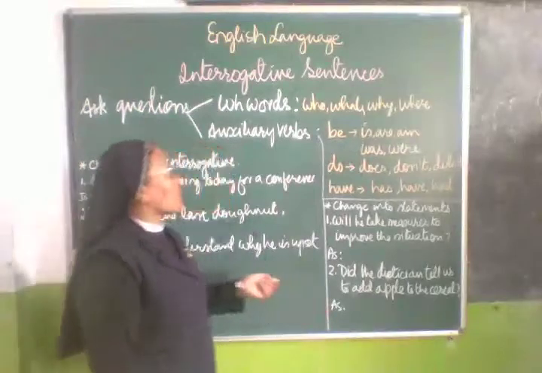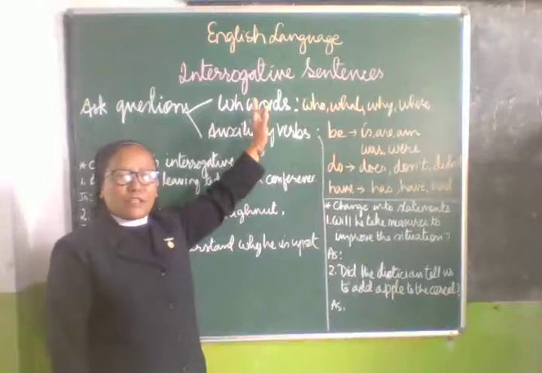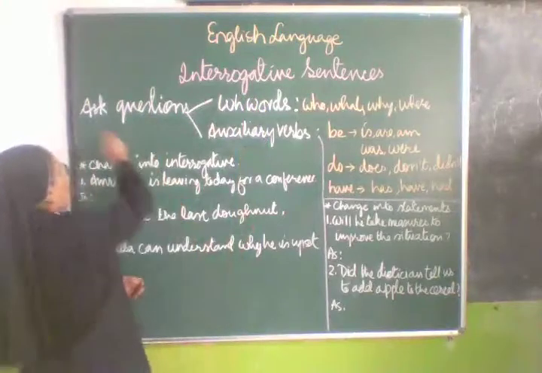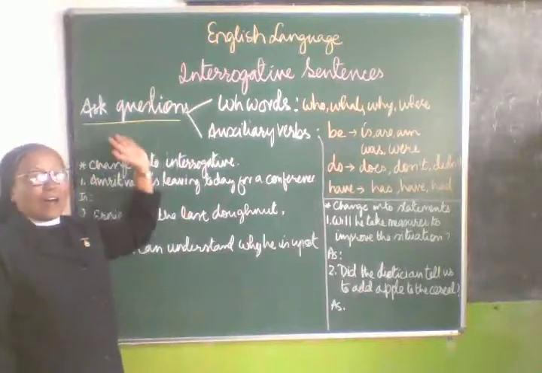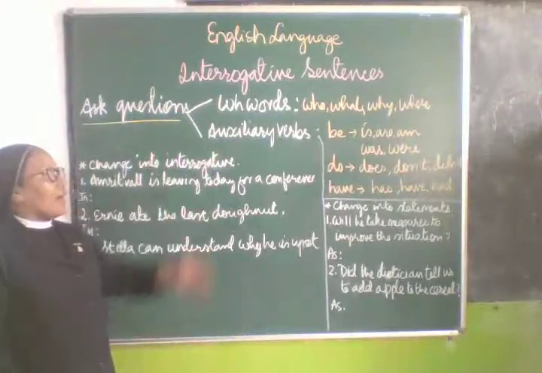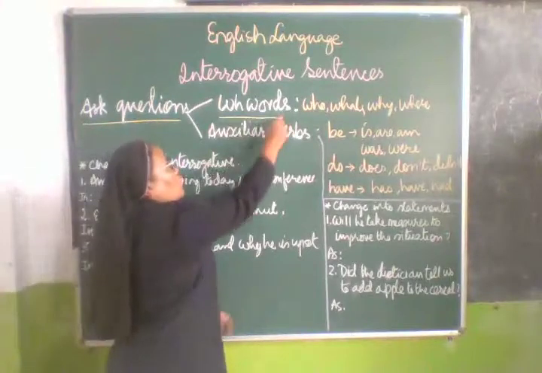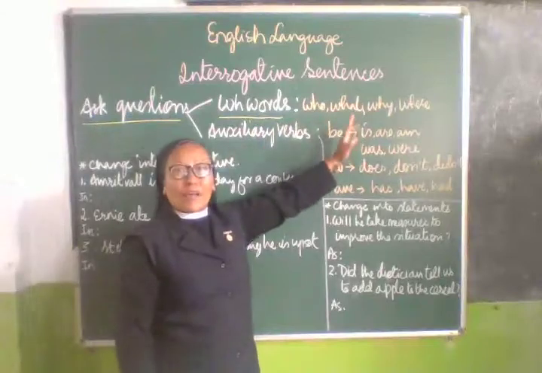See, interrogative sentences. What is the function of interrogative sentences? To ask questions. Questions are asked using WH words, that means who, what, why, where, when.